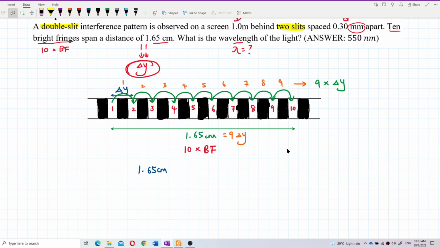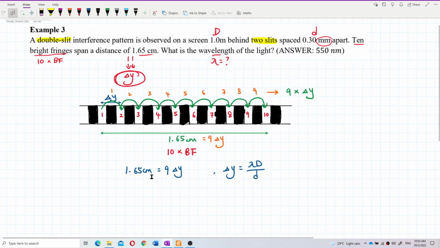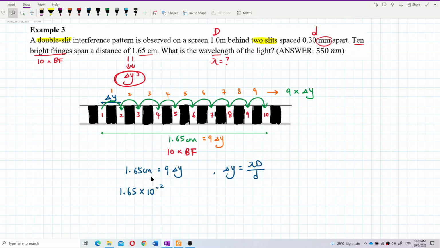We know that 1.65 centimeter is equal to 9 delta y, and delta y is lambda D over d. This centimeter you need to change to meter, so it is 1.65 exponent negative 2 meter. Change it to SI unit: centi is exponent negative 2.